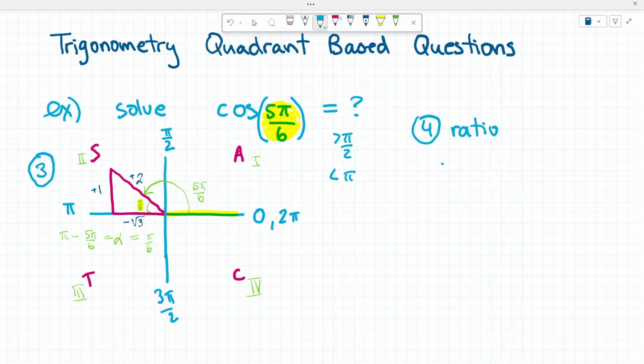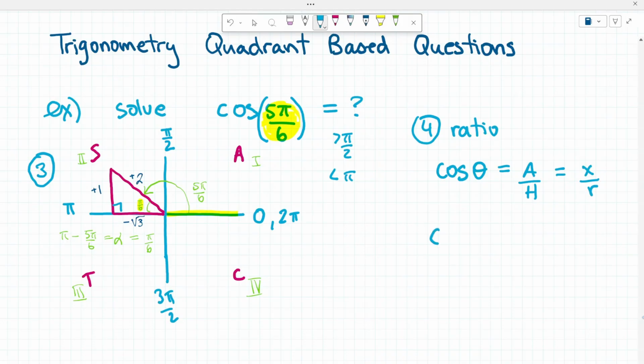If we look at cosine, so let's say we have some cos theta, it equals, following SOHCAHTOA, since we have a right angle triangle, adjacent over hypotenuse. In terms of our Cartesian plane and our circle, this corresponds to our x value over our r value, which is our radius.